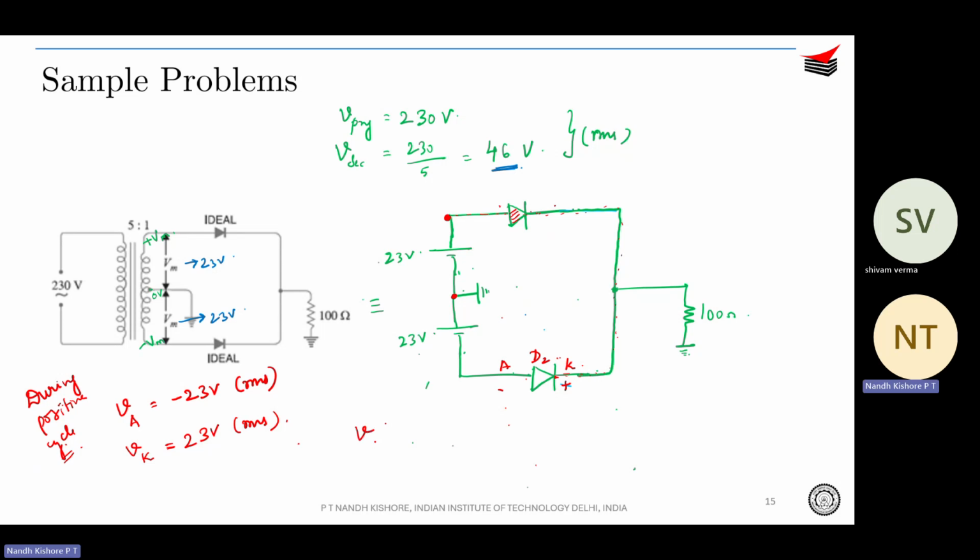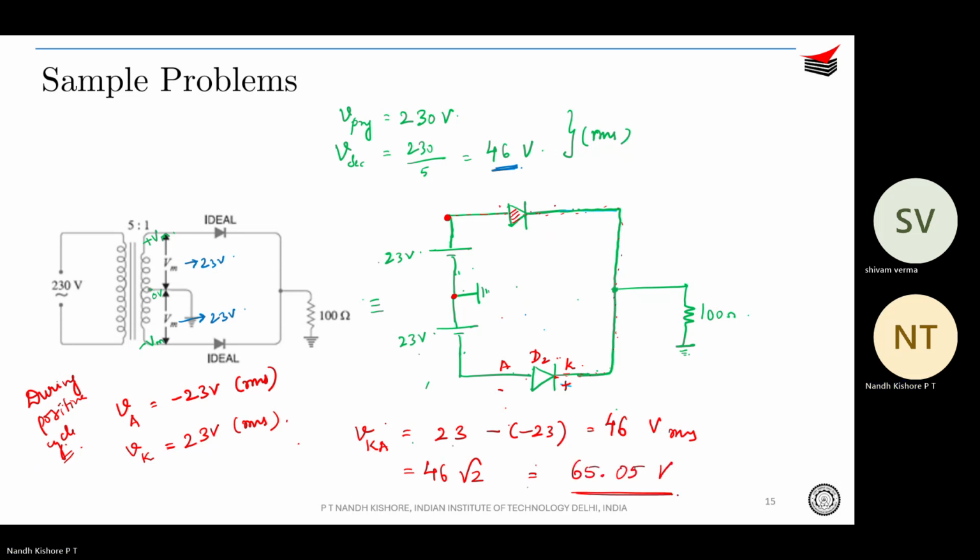So now your VKA, cathode to anode voltage, can be written as 23 minus of minus 23, which is 46 volts RMS, or 46 root 2 is the peak, which gives you 65.05 volts.